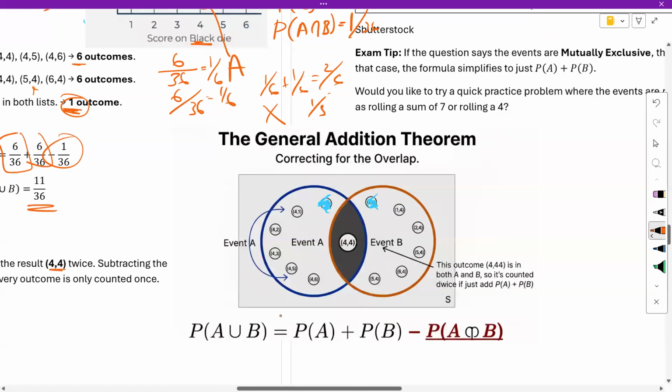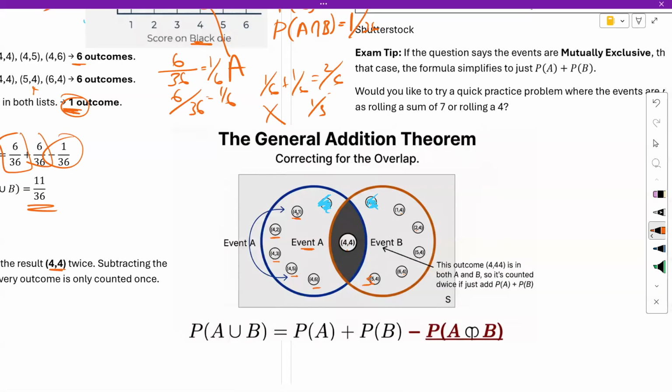Let us apply that. We define A as the first score 4: (4,1), (4,2), (4,3), (4,4), (4,5), (4,6). And event B is the same: (1,4), (2,4), (3,4), (4,4), (5,4), (6,4). Here (4,4) is common.